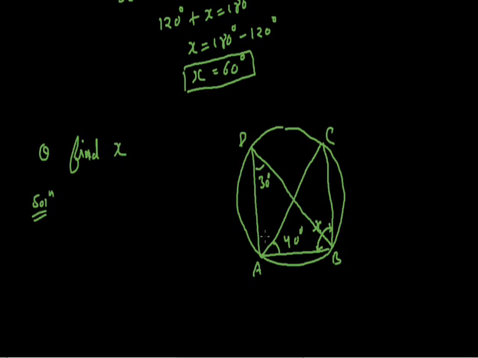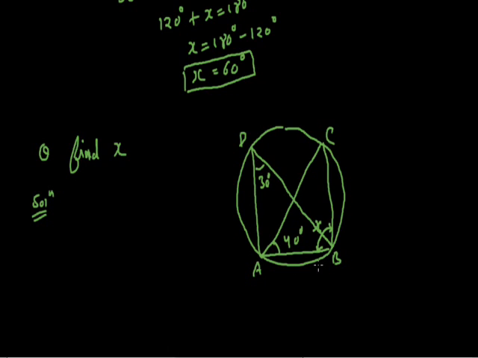Now to find the value of x, what we see here in triangle ABC is that one angle is 40 degrees. This x we have to find, and we don't know the value of C as well. So first of all we have to find the value of C. This angle C is formed by the two points A and B, that is the arc AB.